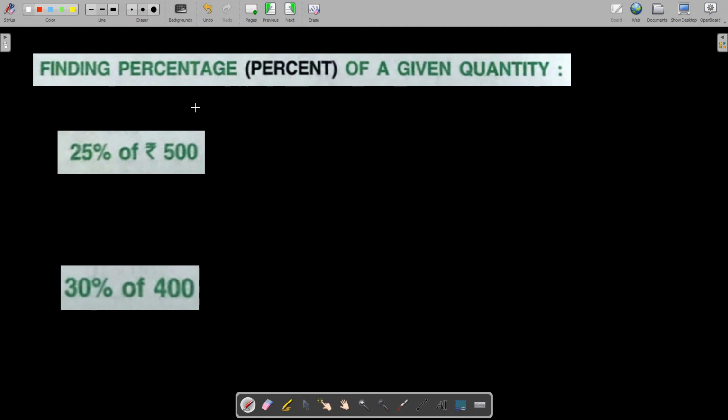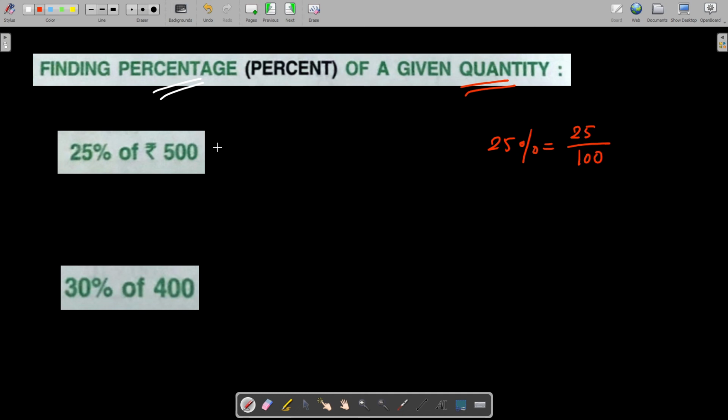Okay, let's see another example here. Finding the percentage of a given quantity. It's given 25% of 500. It's quite similar to the previous question. In fact, it's just the opposite. Here, how do we write 25% in terms of a fraction? We write 25 by 100.